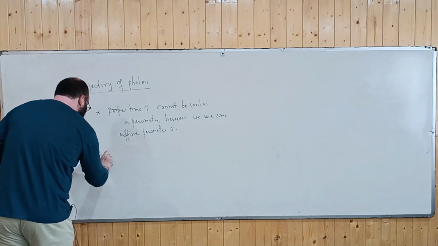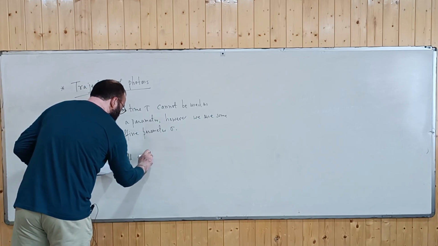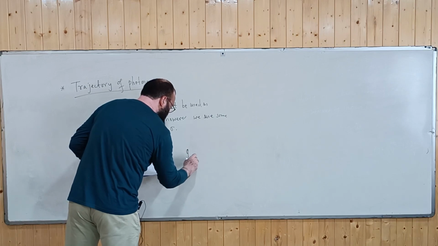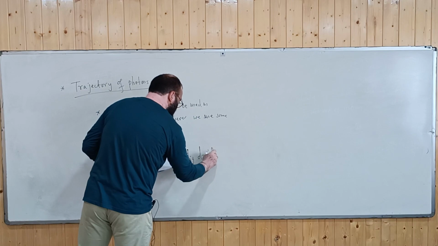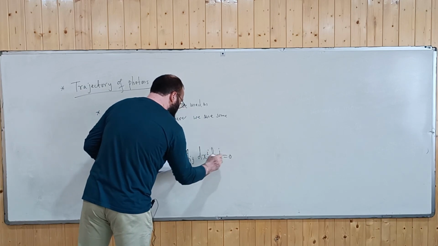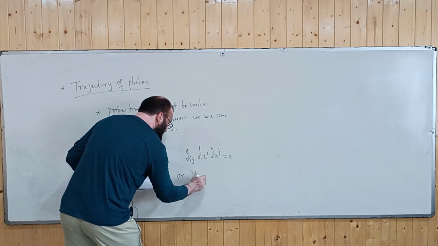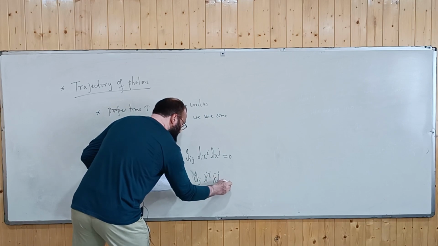So what is our geodesic? We have a null geodesic. So what is the null geodesic? I can write it as g_ij dx^i dx^j equals 0. Or in this way, I'll write g_ij x dot i x dot j in terms of the velocity, that's equal to 0.